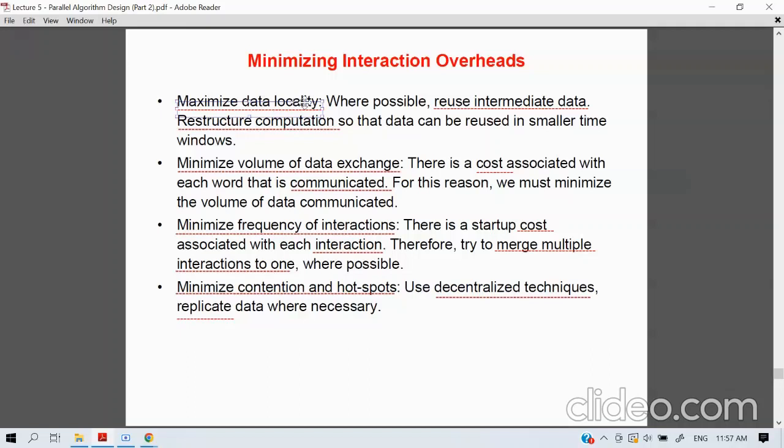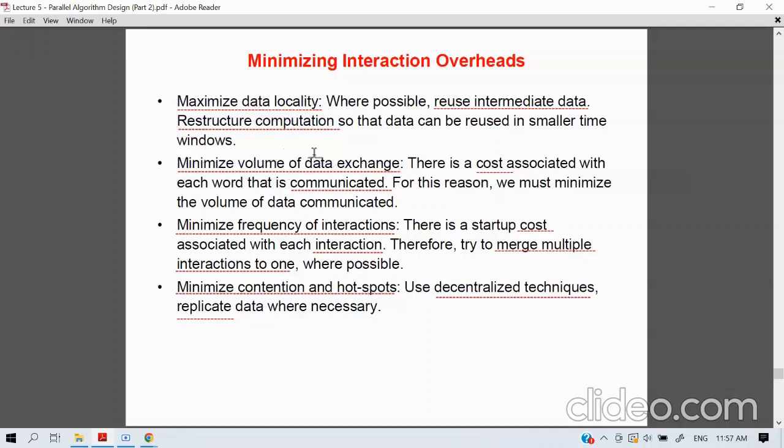Usually in this case we use cache, to reuse intermediate data, the data that is near to the process. Restructure the computation so that data can be reused in a smaller time window. So this is option number 1 to minimize the interaction: use data locality.